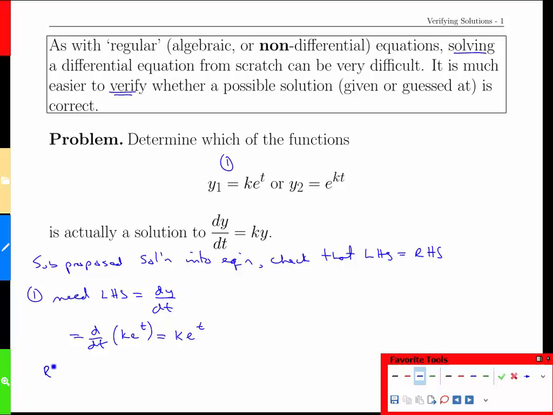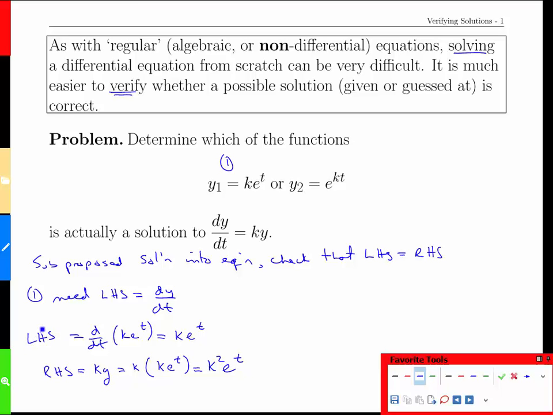We simply differentiate and we get k e to the t again, and that would be the left-hand side of our equation. The right-hand side of our equation, the differential equation here, is ky, and we have to be careful. We have to use the same y value we did before. So k times y1 is k e to the t, and then we realize, wait a minute, we have a k squared e to the t.